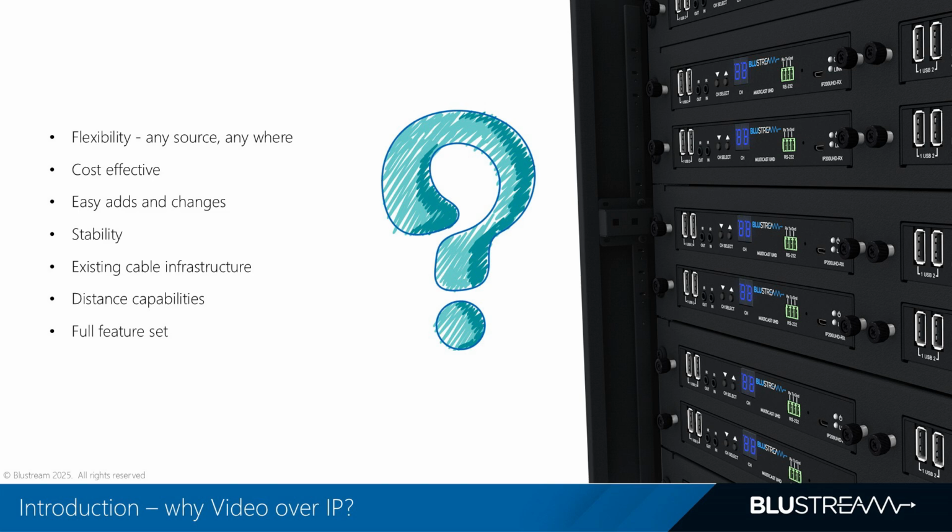And when distances become a factor, fiber extends your reach. While copper is limited to 100 meters or 330 feet, fiber allows you to stack switches or connect distant endpoints without signal loss, making it the ideal solution for large campuses, venues, or multi-building projects. In short, video over IP empowers you to design smarter, scale faster, and deliver more without compromise.